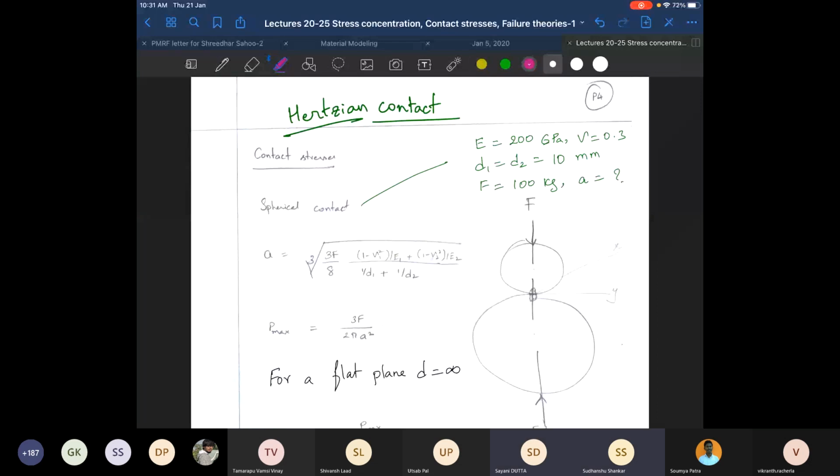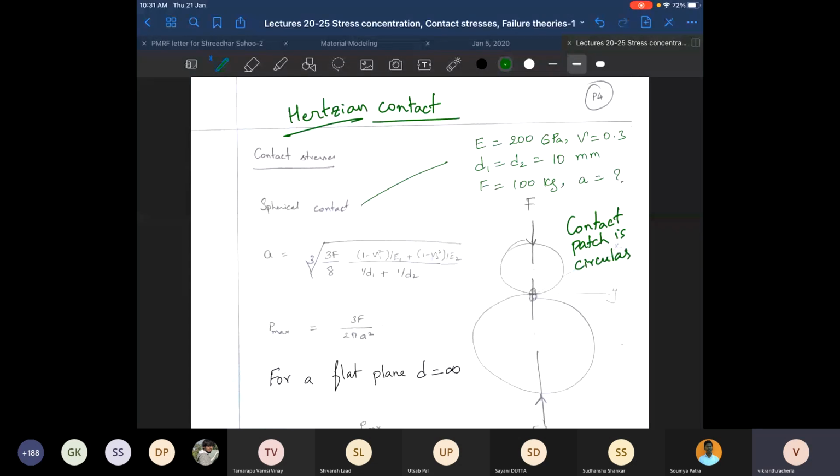Circle. It will be circular. So the contact zone, or contact patch, is circular in this case.